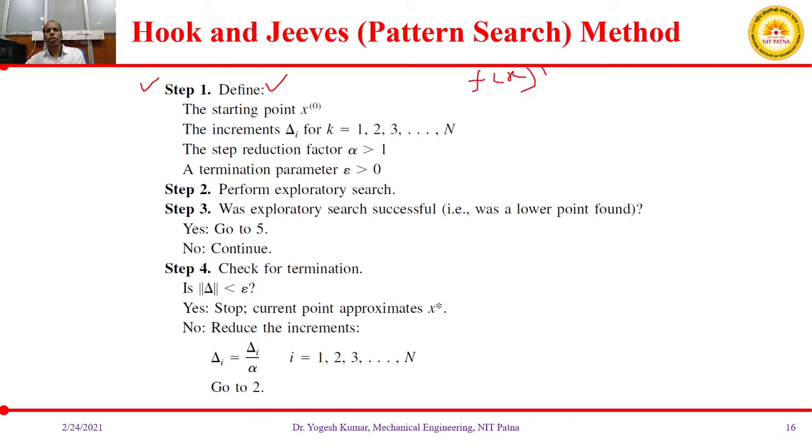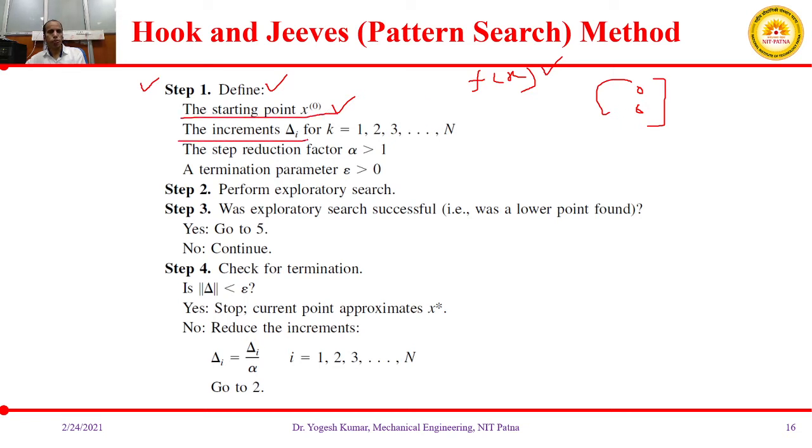For getting the minimum or optimum value of this function, we will have some starting point. If it is two dimensional, we may say this will be x0, x10, x20, or if it is x, y, then we can say x0, y0. So this will be your starting point.